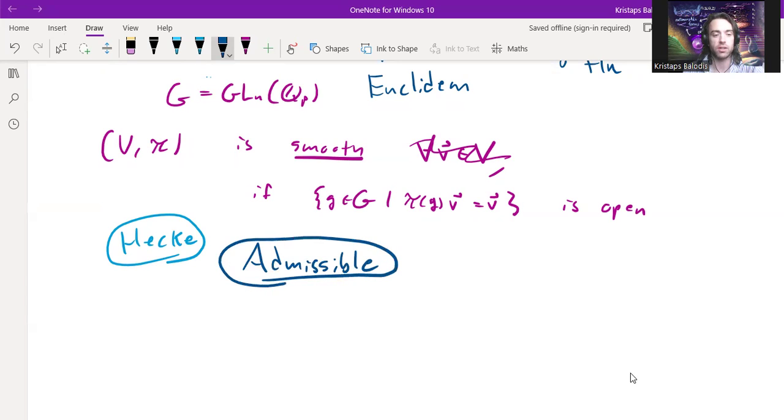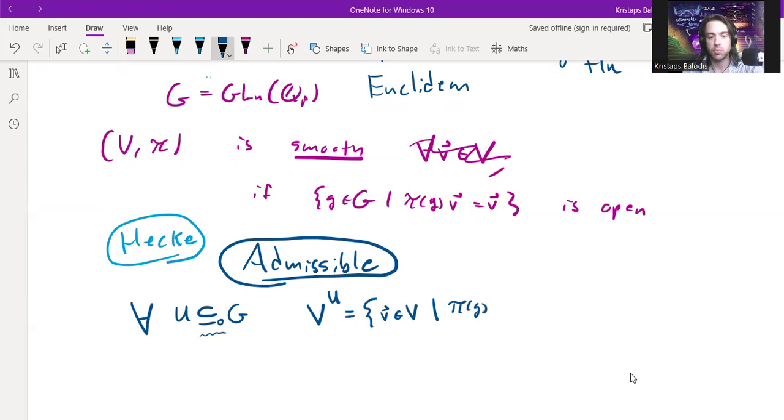We say that a representation is admissible if, for all open subsets U, it doesn't need to be compact, I sometimes like to use a subset symbol with an O to mean open subset, the set of vectors fixed by U, so all v in V such that pi(g) of v equals v for all g in U, is finite dimensional.